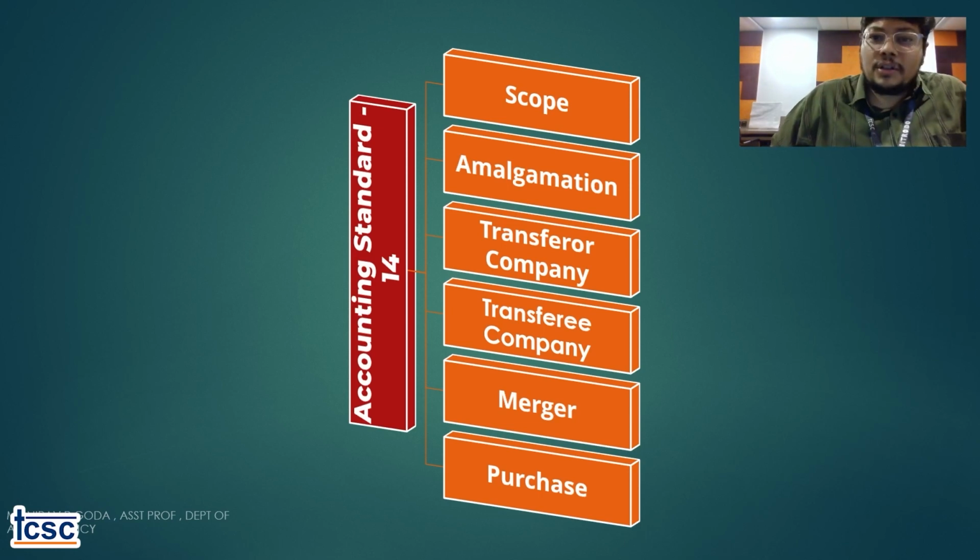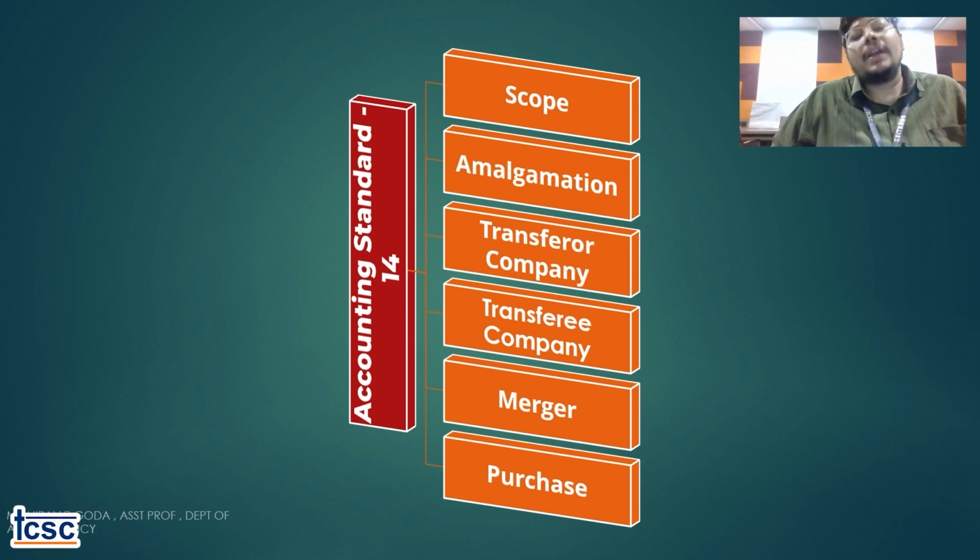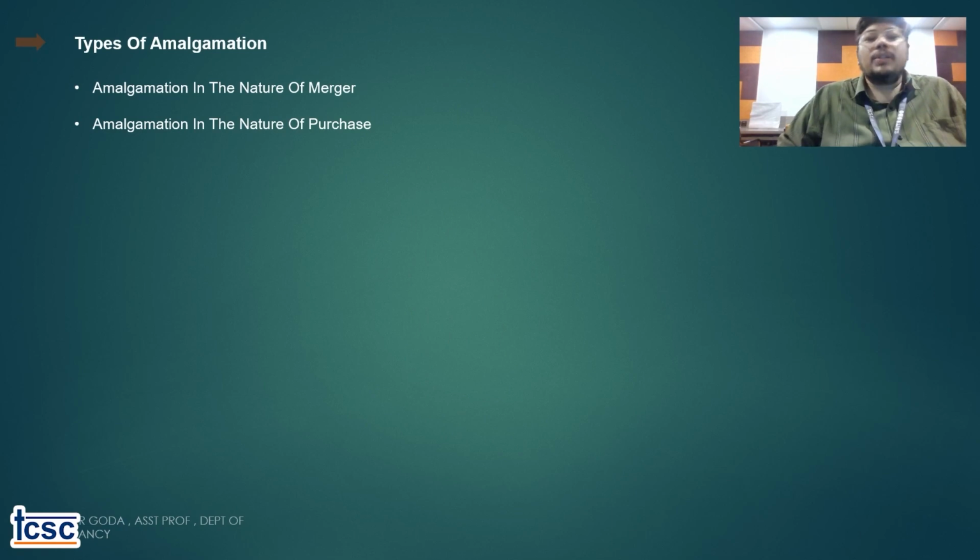Whereas in merger, this particular point is taken into consideration, that with the pooling of assets and liabilities, even the capital is pooled by the new company, and then the new company will run the business. So this is all about accounting standard 14. Now we are going to see the types of amalgamation.